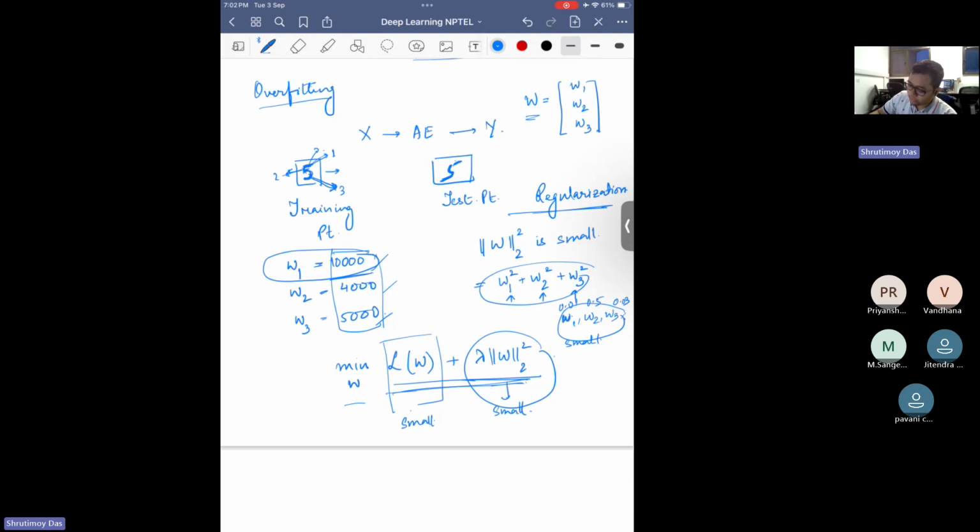It will not say that I only look for the straight line. It will try to look at other points like this shape or this shape. So even a test point which the neural network has not seen during training, it will be good. It will try to predict it in a better way. So that is what regularization does. Any questions regarding this concept of regularization?